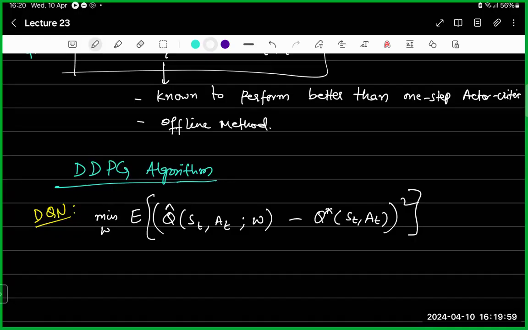So for implementing this, what did we do? We don't know the actual Q star, right? So what did we substitute at the Q star position?